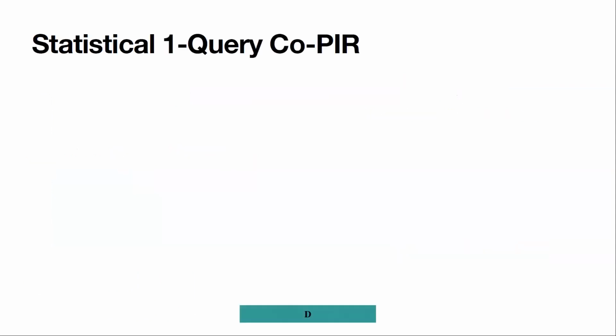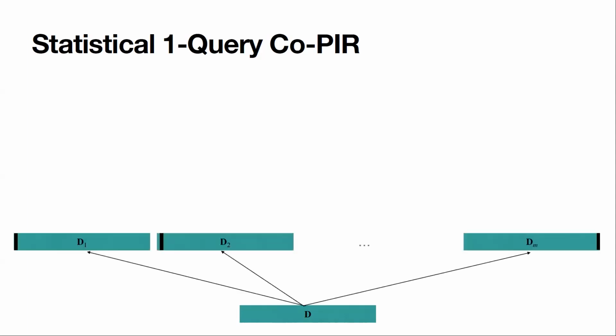First, I'm going to show you how to use rate one PIR to build an intermediate primitive called one-query co-PIR, which erases only one position of the database. The sender starts with the database D and computes these intermediate databases, which are equal to D, except that they have one position erased. So D1 has the first position erased, D2 has the second position erased, and so on.